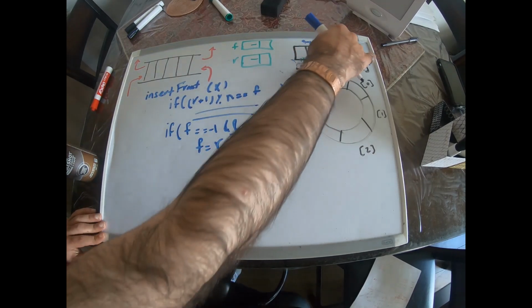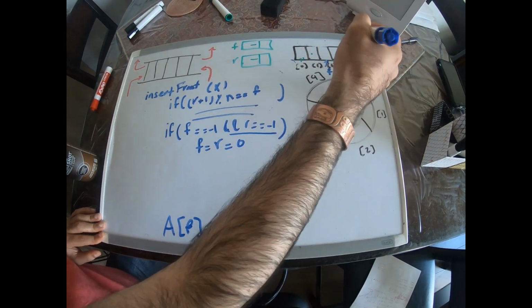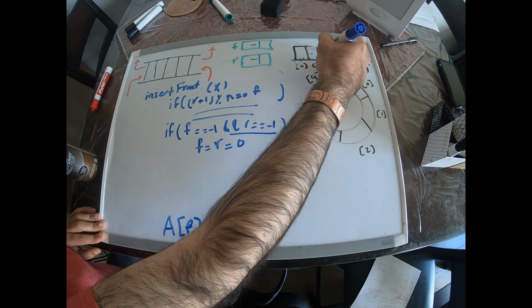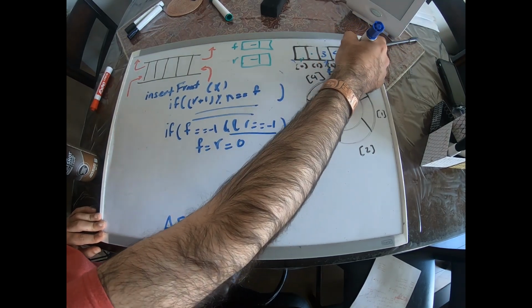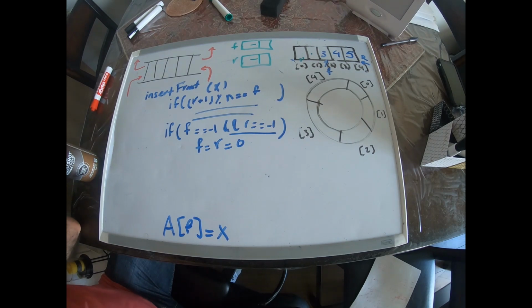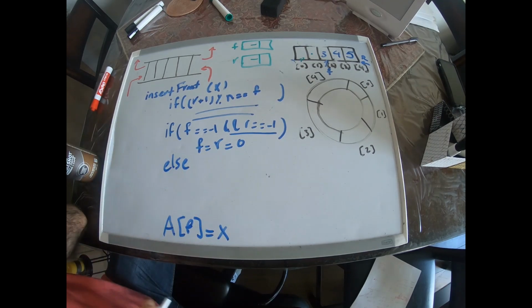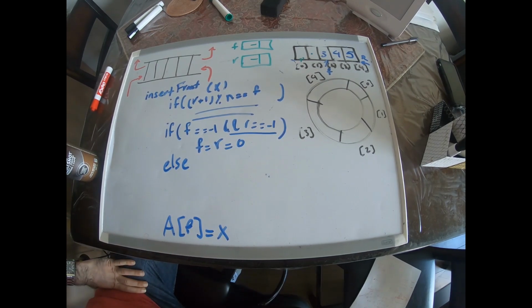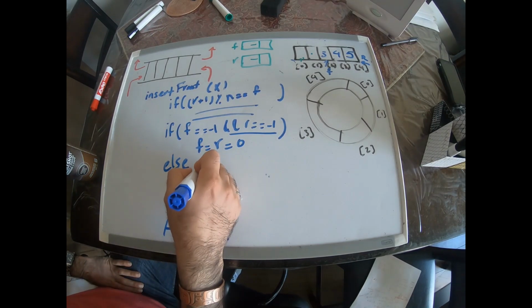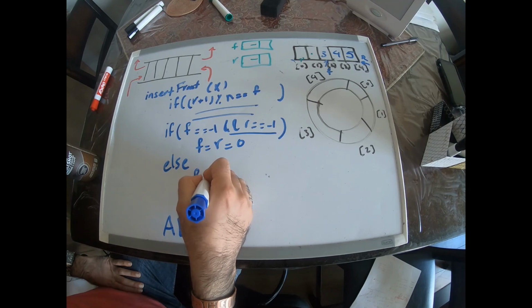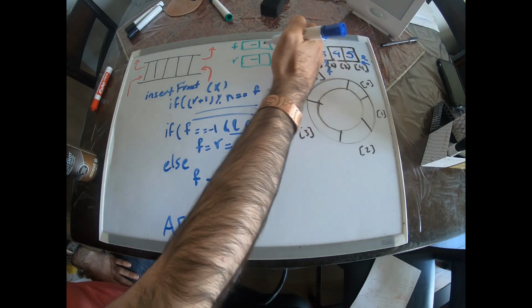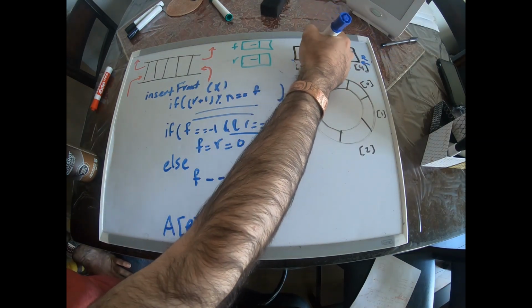Then let's write something like this. Let's say we have this array 3, 4, 5, and we want to insert from the front. So otherwise, what we want to do, we just basically want to say f is equal to f minus minus. We want to move f and insert another number here.